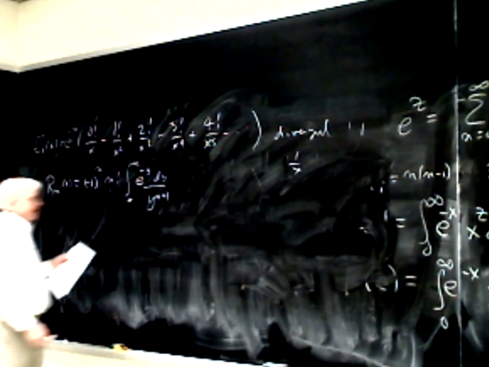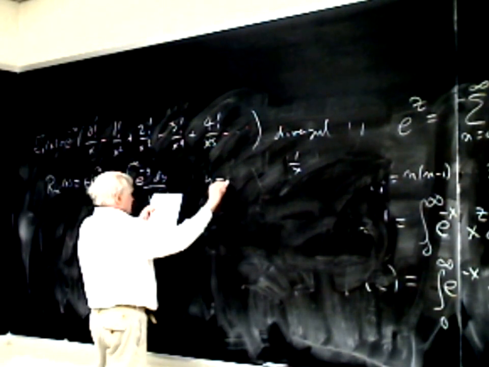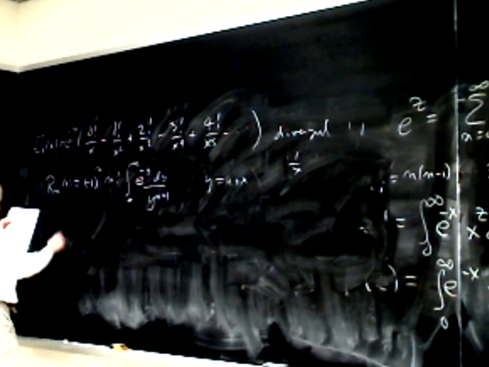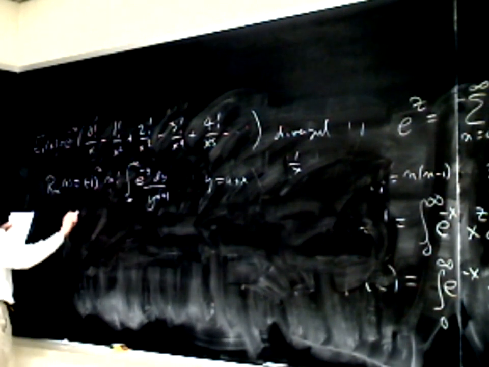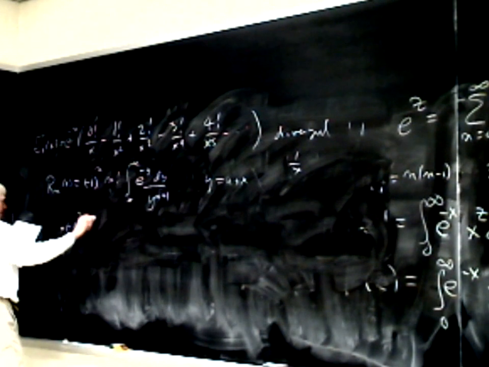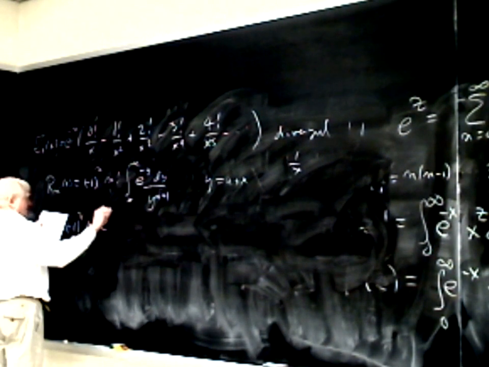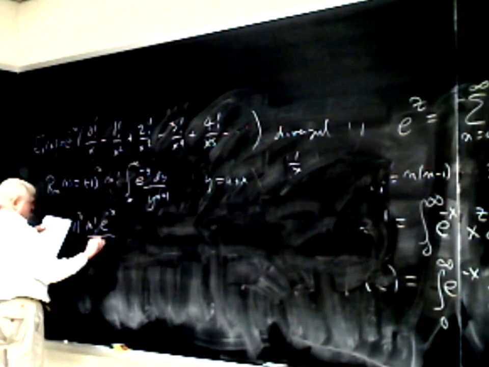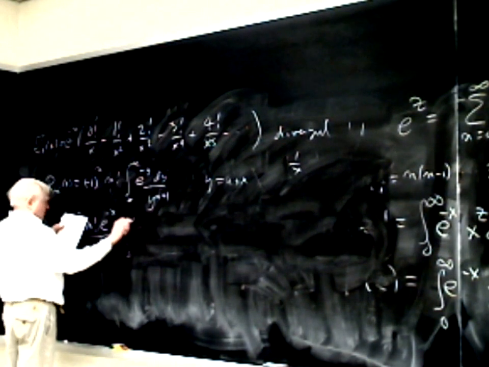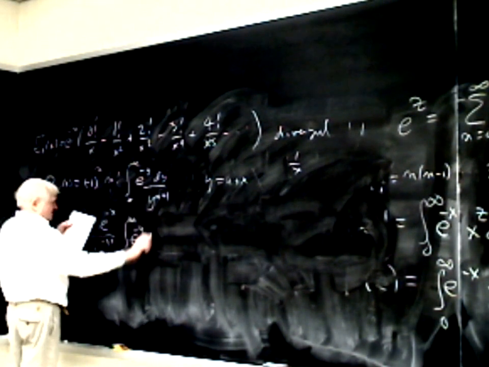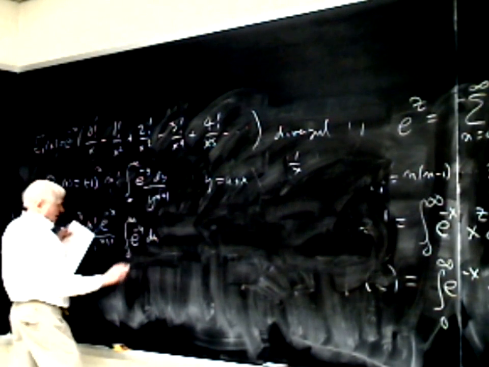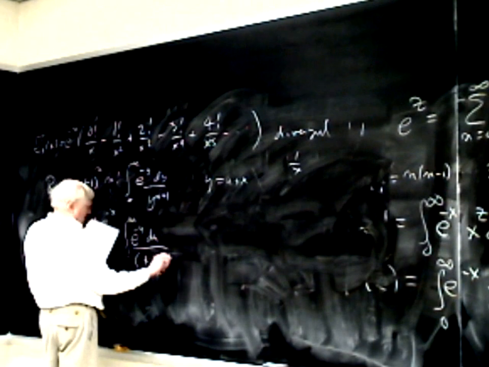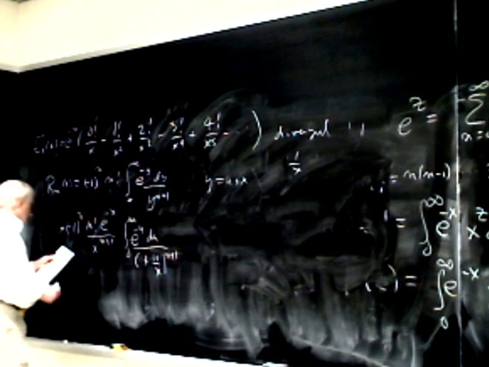And now if we let y equal u plus x, what we get is that this is minus 1 to the n, n factorial, e to the minus x over x to the n plus 1, times the integral from 0 to infinity of e to the minus u du over (1 plus u over x) to the n plus 1.